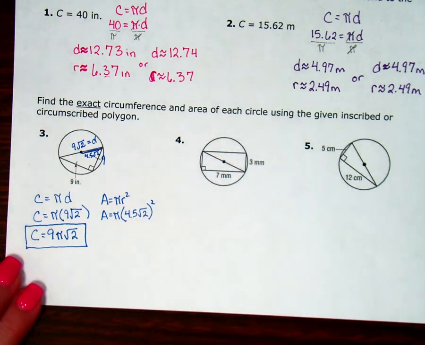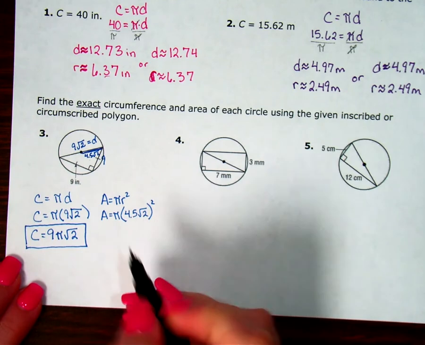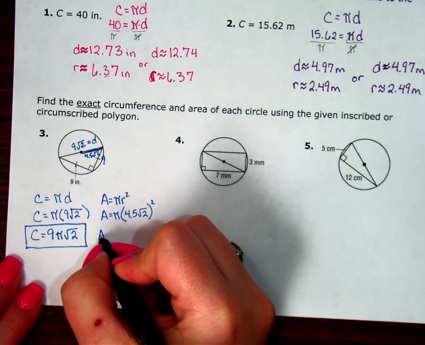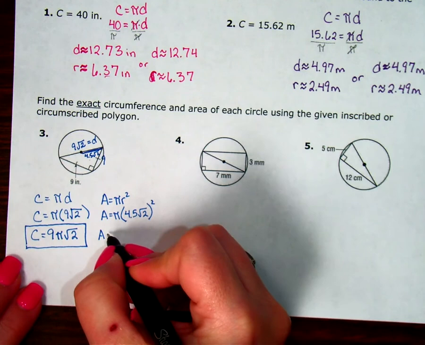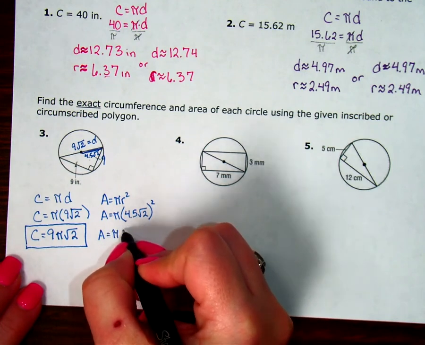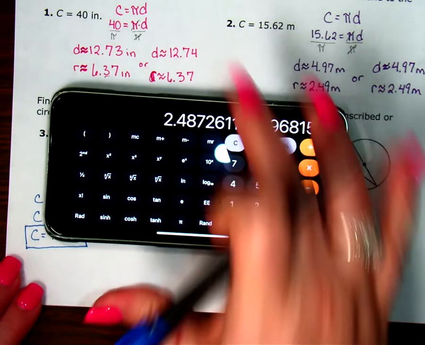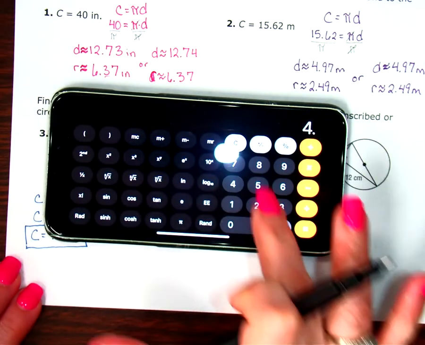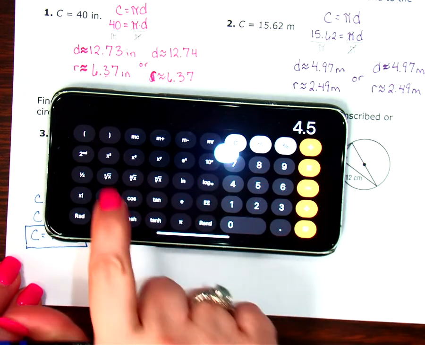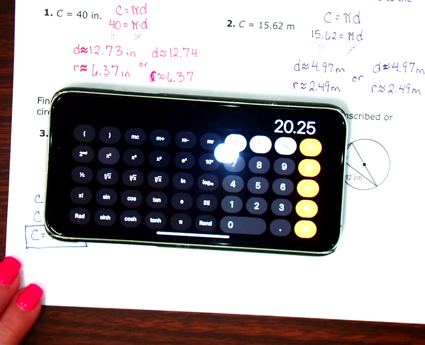And the square is going to square both the 4.5 and the square root of 2. So pi times 4.5 squared. That I'm going to use my calculator for. 4.5 squared, and I do have a squared button, or I could just multiply 4.5 by itself. 20.25.